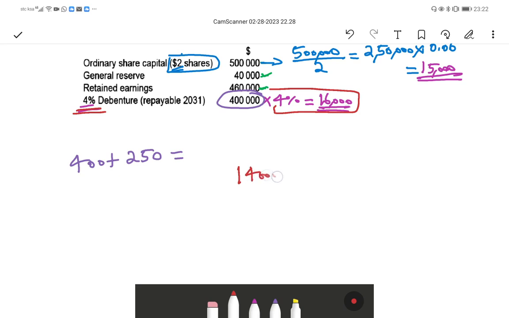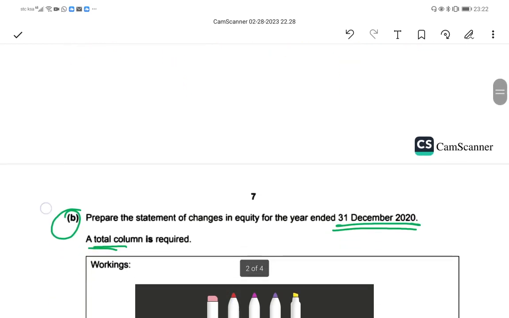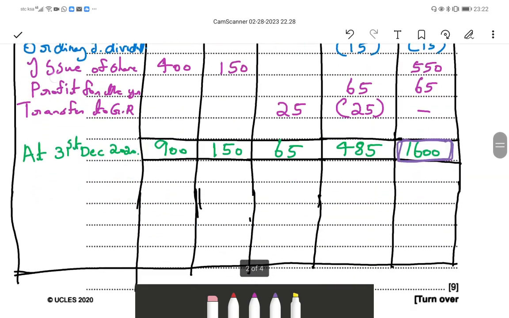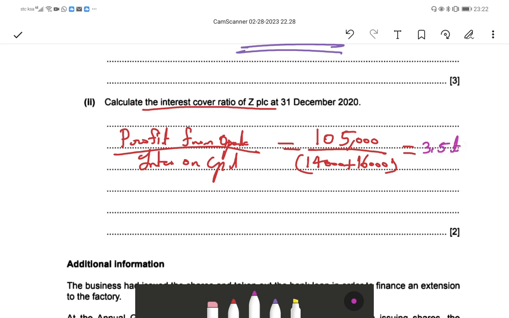So 14,000 plus 16,000. How much is the answer? 3.5 times.